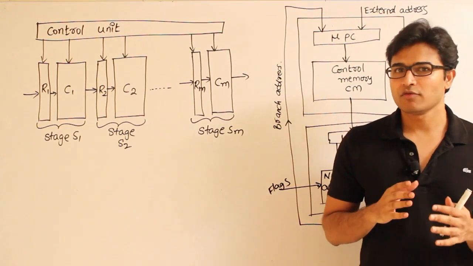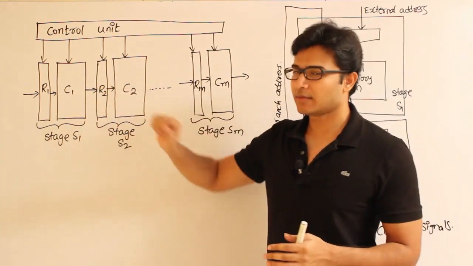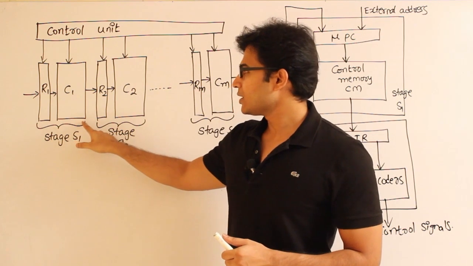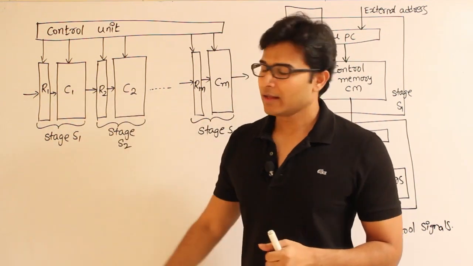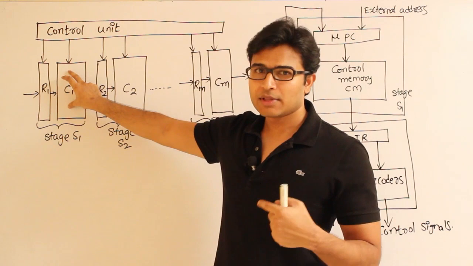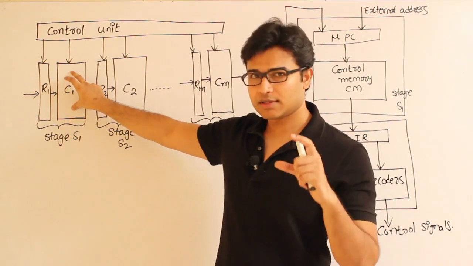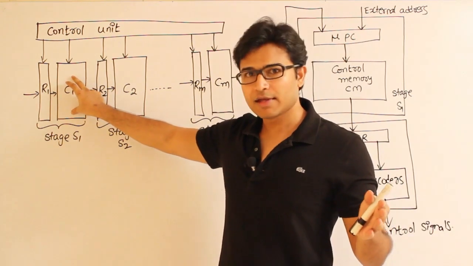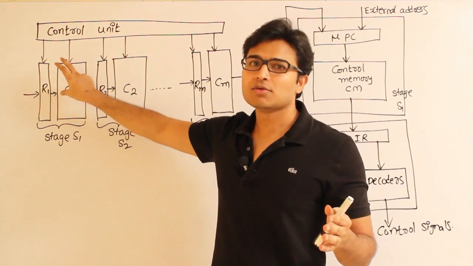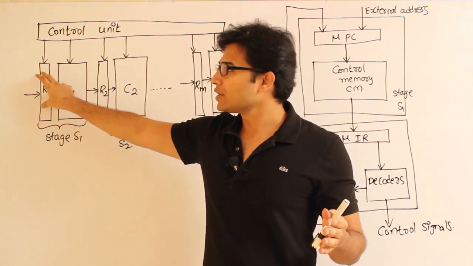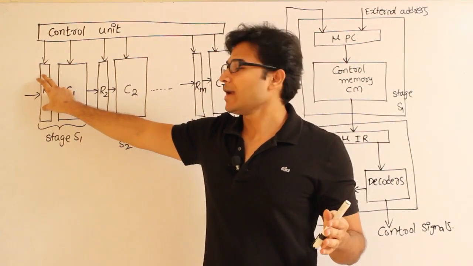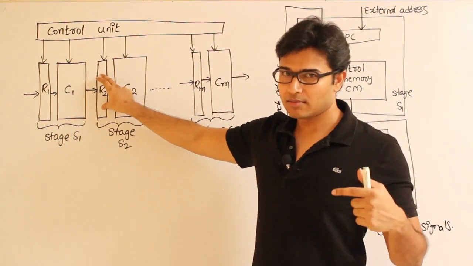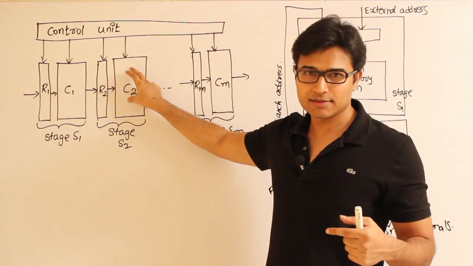So the generic view of a pipeline will be something like this. Let us say this is one phase. This phase will contain certain combinational logic, let's say C1, the circuit with AND gates, OR gates, the complete logic gates. Before we give the data into this circuit, we have to store it in a register. The output of this phase is stored in the registers or buffers associated with the next stage.